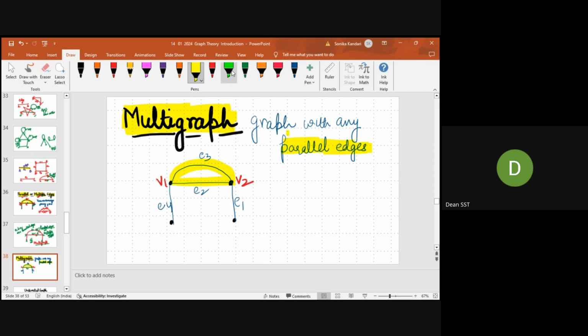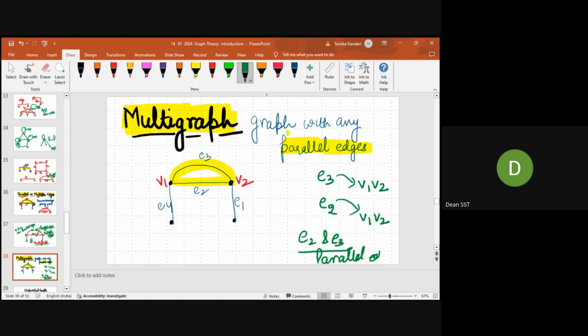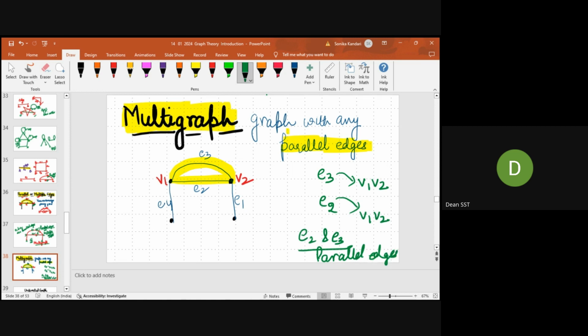E3 is representing V1, V2. E2 is representing V1, V2. It means E2 is connecting V1, V2 and E3 is also connecting V1, V2. So E2 and E3 are parallel edges.